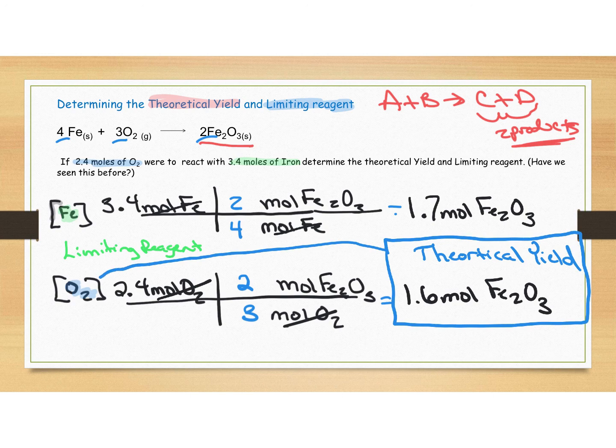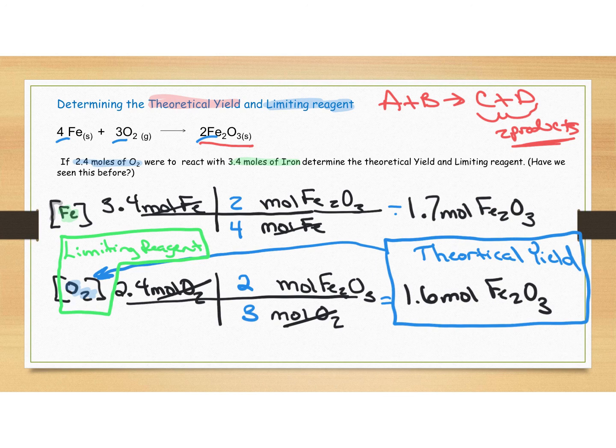So if I draw my arrow back, in this case, my limiting reagent becomes O2. So to answer this problem, what is the theoretical yield? It would be 1.6 moles of Fe2O3. What is my limiting reagent? It's going to be O2.